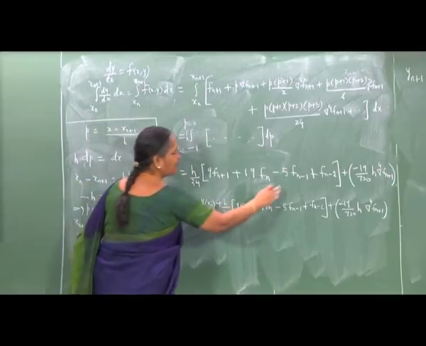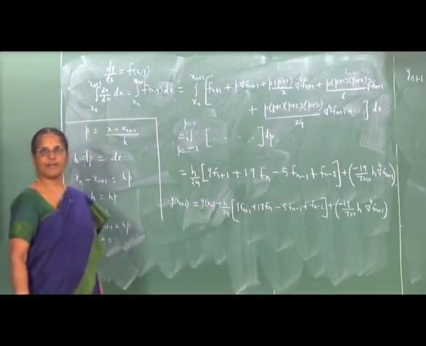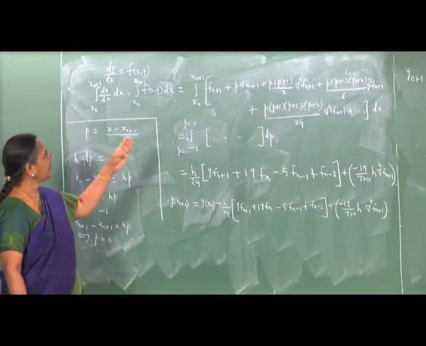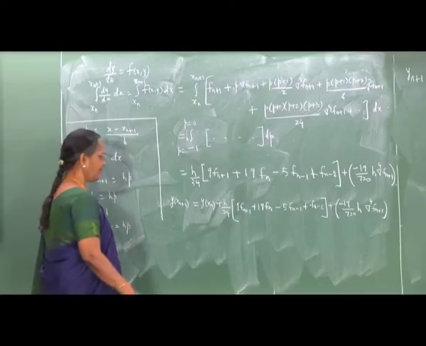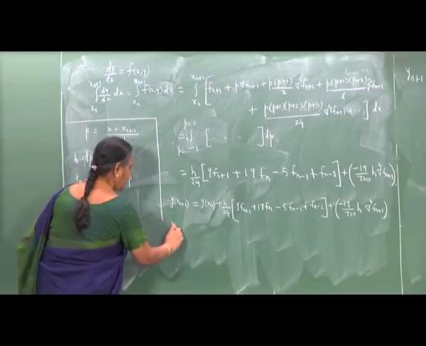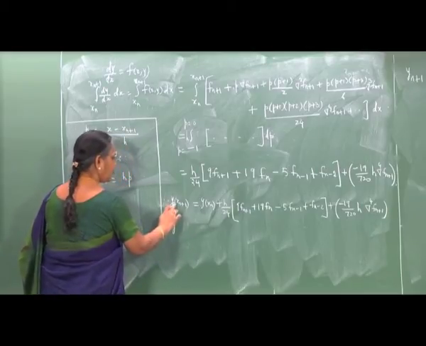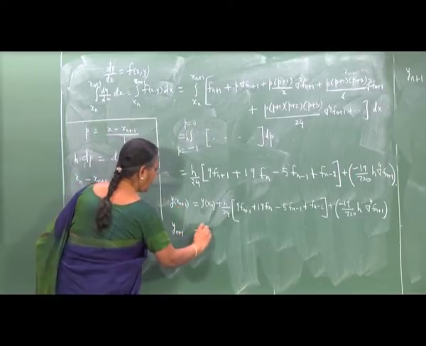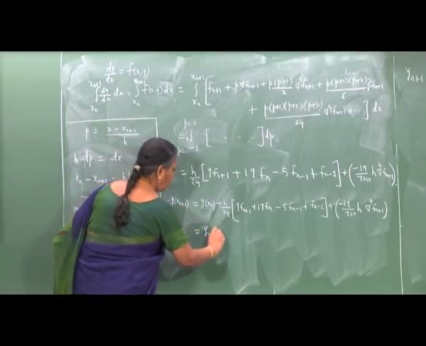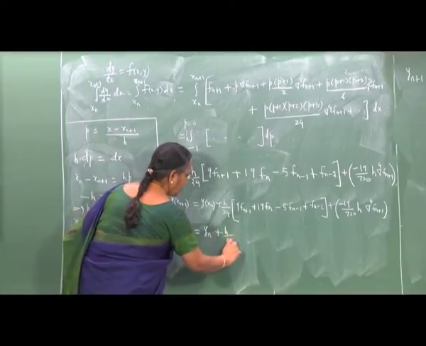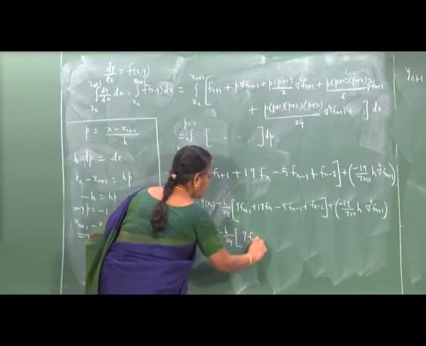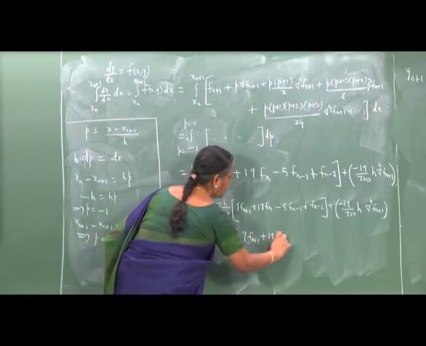And since we have approximated the function f of x comma y by means of backward interpolation polynomial about xn plus 1, we obtain an approximation to the value of y at xn plus 1. So, we have yn plus 1 to be given by yn plus h by 24 into the terms which are written here.